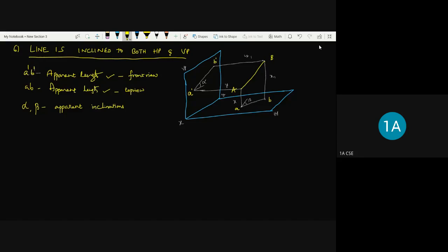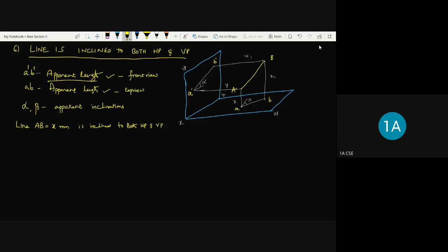Directly, these apparent lengths we don't know, because in any problem, the line AB, which is equal to x, is inclined to both HP and VP. Here I have not given any data regarding the apparent lengths and apparent inclinations.